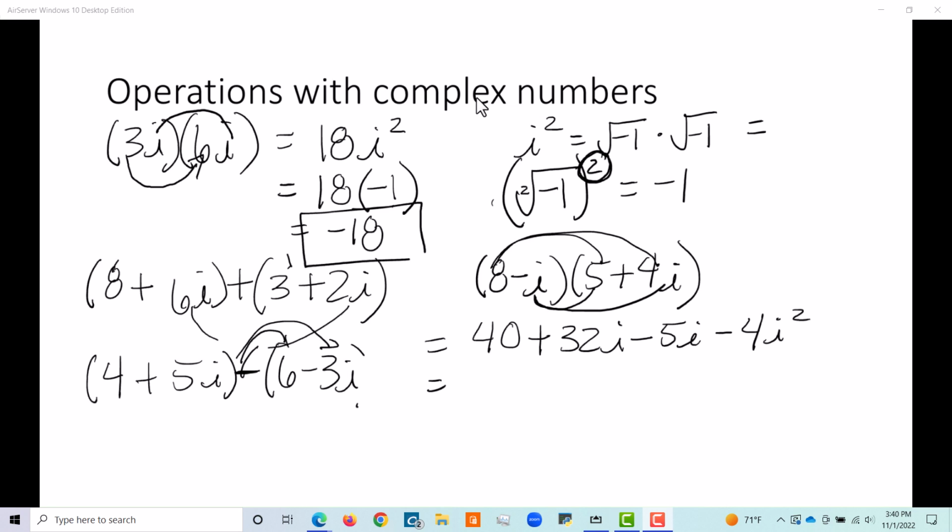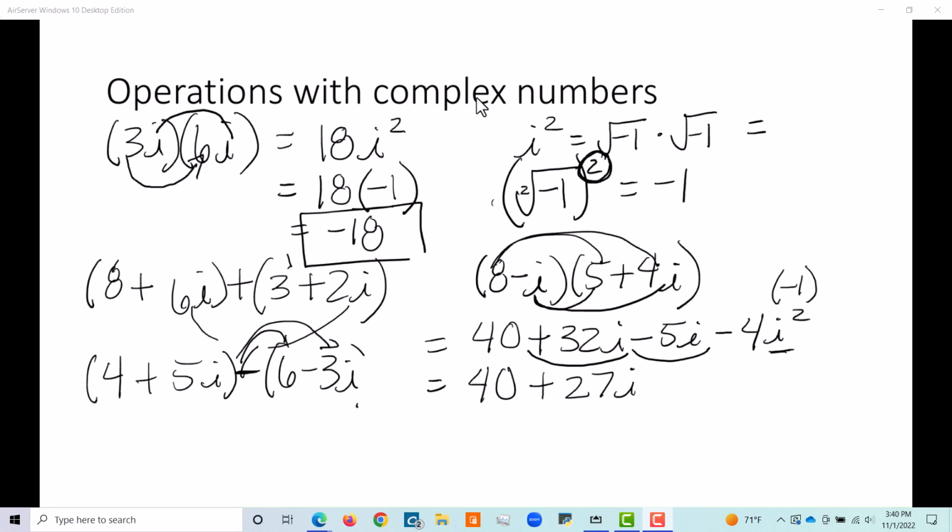Then it's a matter of combining like terms and doing any simplification, like with that i squared. The i's, I want to combine those, and that will be 27i. And we have to remember that i squared is the same as negative 1.